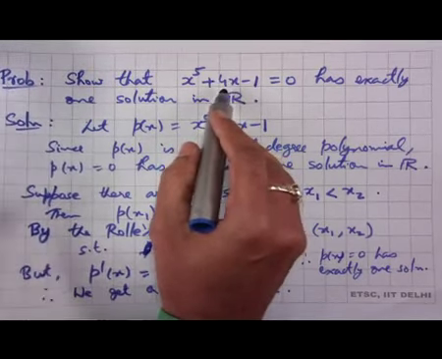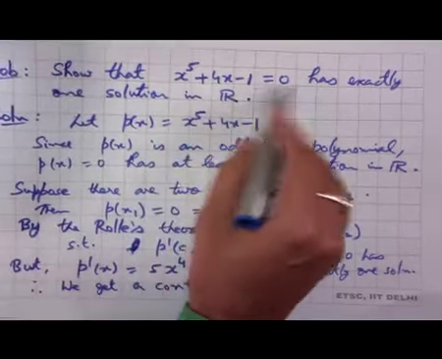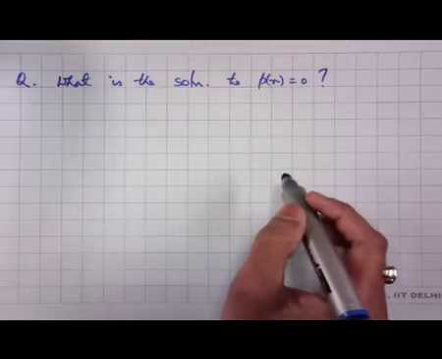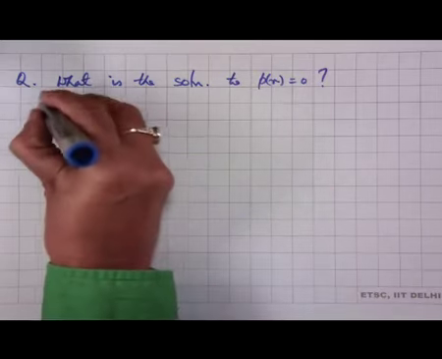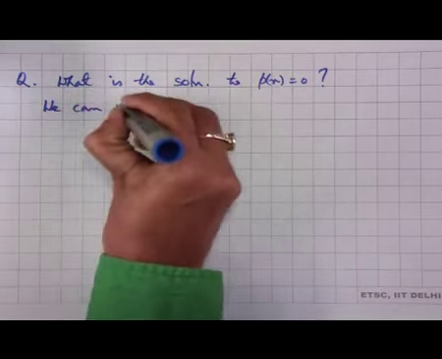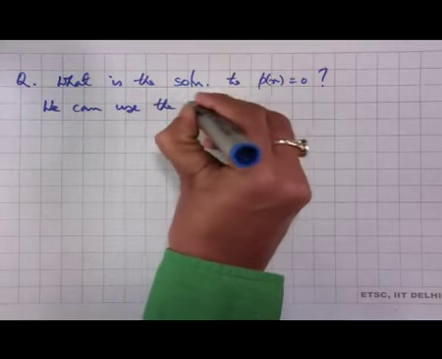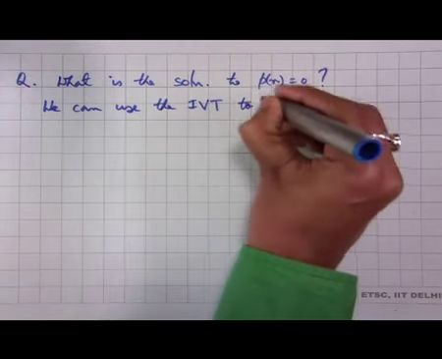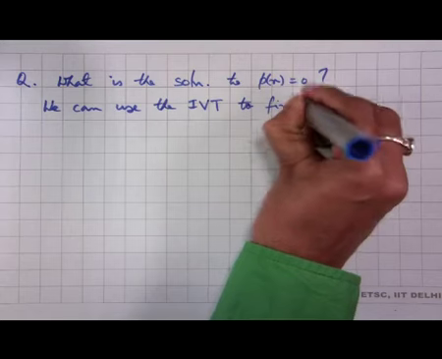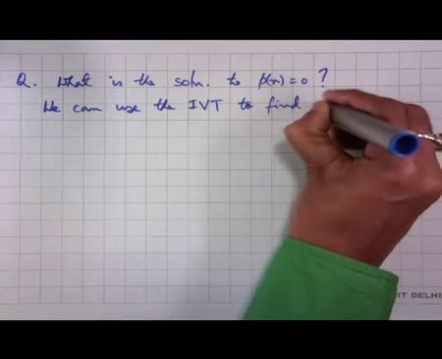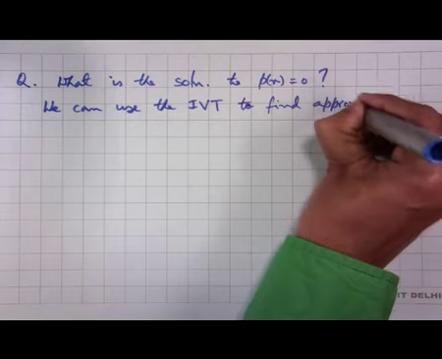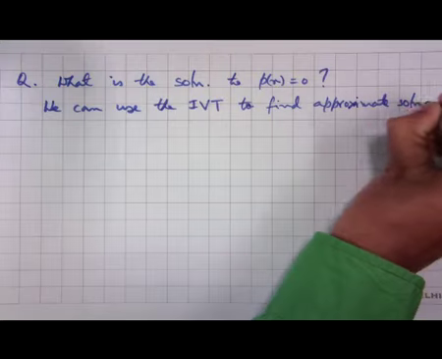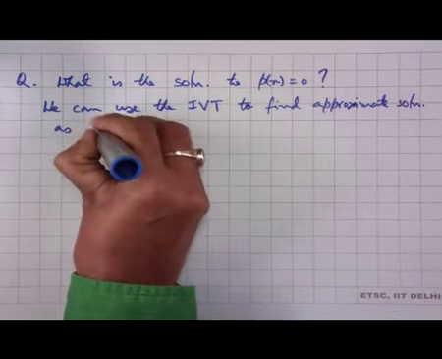So, there is no general method to find the roots of this polynomial, but what we can do is use the intermediate value theorem to find an approximate solution as follows.